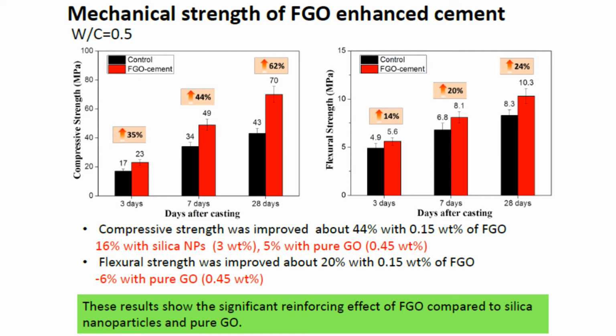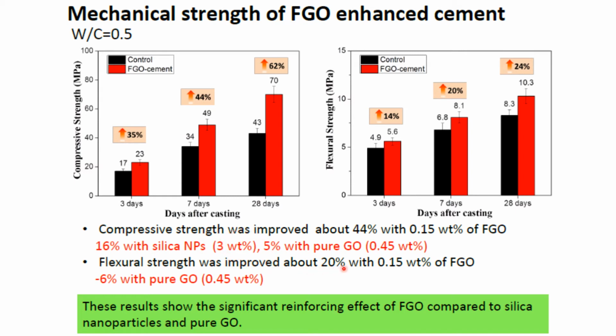area. And they also got some comparative numbers when a similar kind of study was performed by them or somebody else with 3% of silicon nanoparticles. There is a 16% improvement in the compressive strength, where we got 44%, almost close to 50%, if you add only 0.1% of FGO rather than 3% of the silicon nanoparticle.